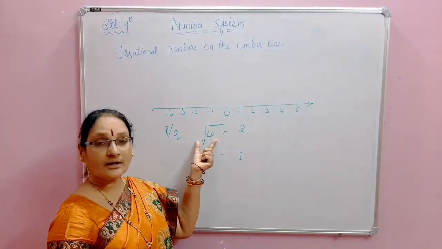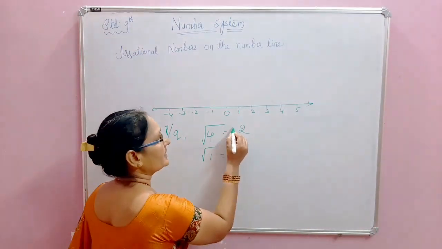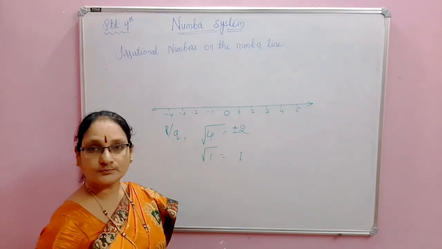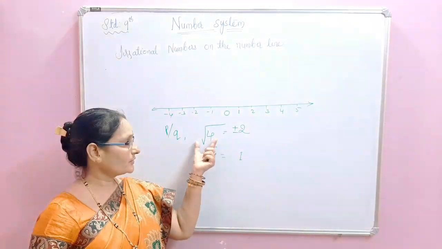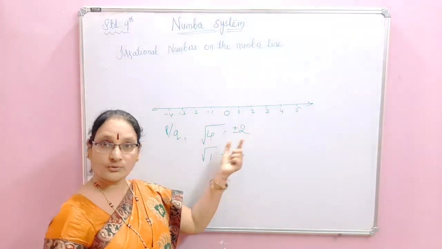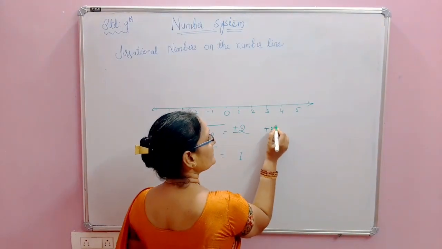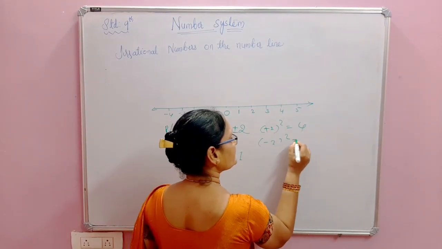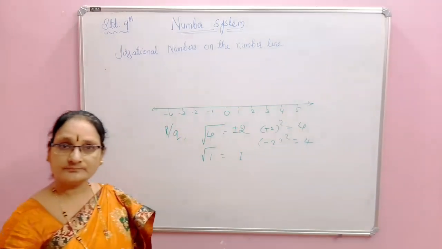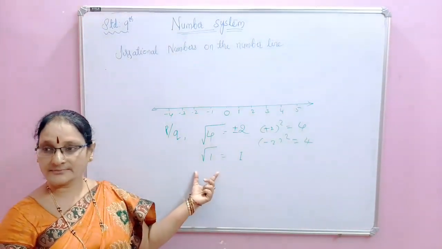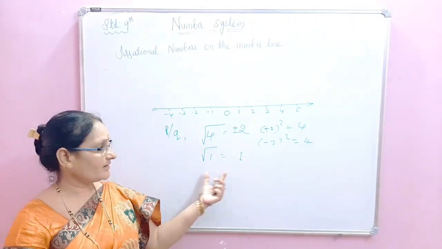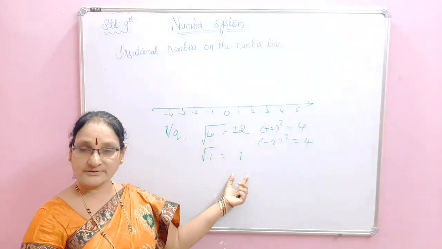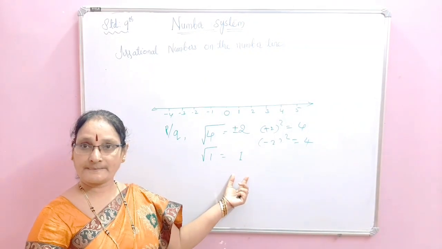Even though, the square root of 4 is actually plus or minus 2. Why? Because plus 2 squared is 4, and minus 2 squared is also 4. In the same way, root 1 is plus or minus 1.